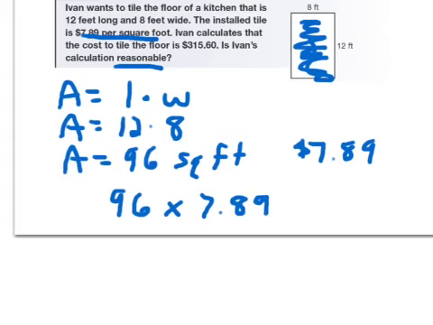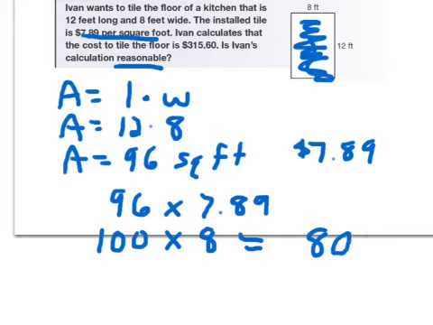So let's round these to make it easier. 96 could round to 100 to make this easy, and $7.89 can round to 8. So that means he's going to spend about $800. He's supposed to spend about $800 on this floor.